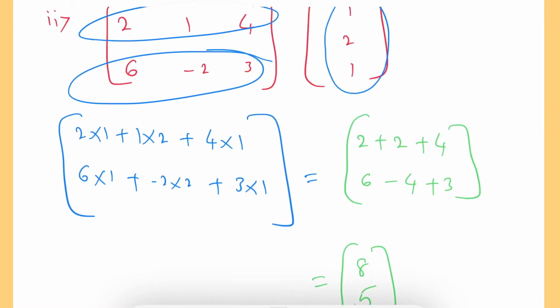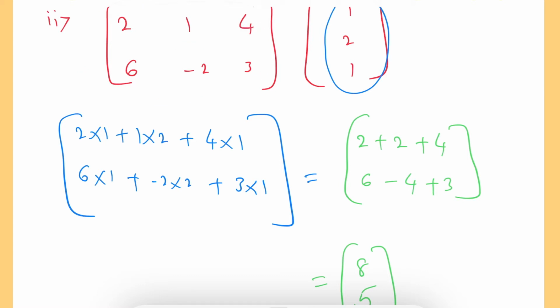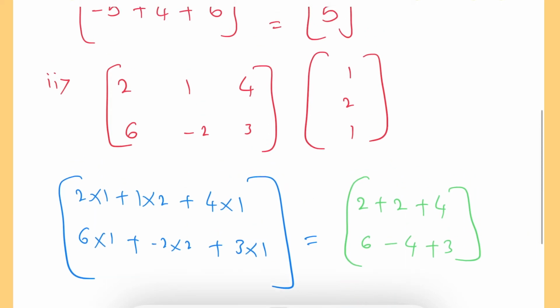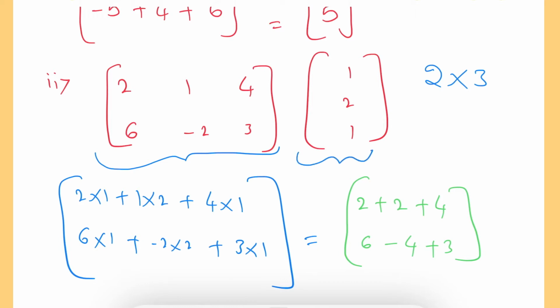Now after getting the answer, every time we need to check what should be the order of the matrix which we get in the answer. For that, check the order of the first matrix, rows into columns, that is 2 rows by 3 columns. Check the order of the second matrix, 3 rows into 1 column.